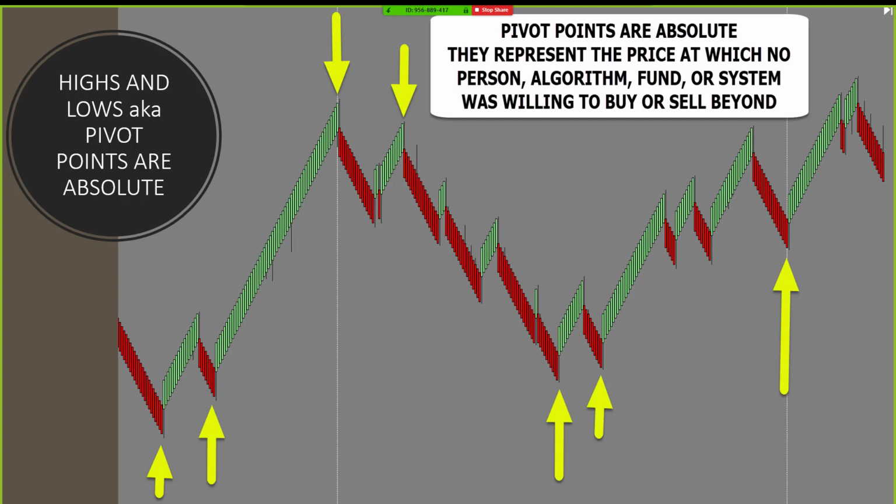And the pivot points, the highs and lows in the market, are representative of the exact price at which no person, no algorithm, no fund, no system, nobody on the planet was willing to buy or sell beyond that price.